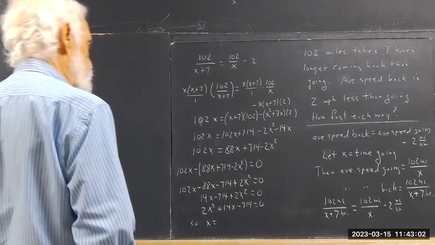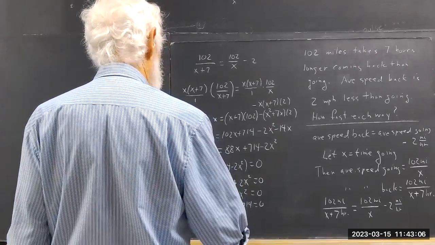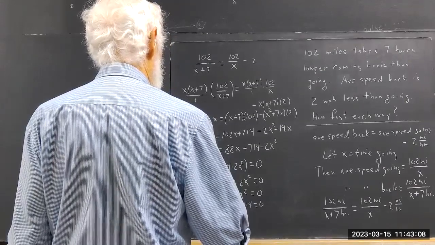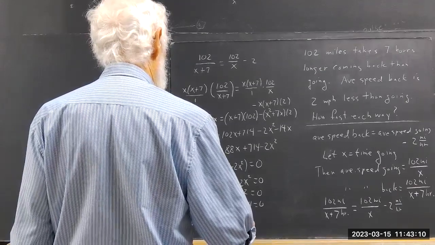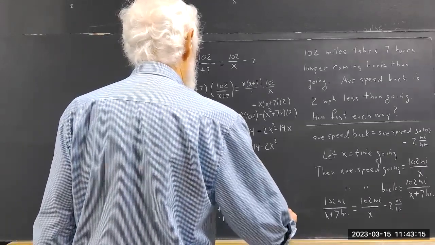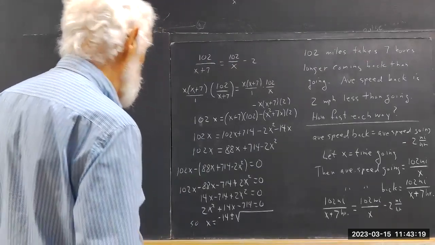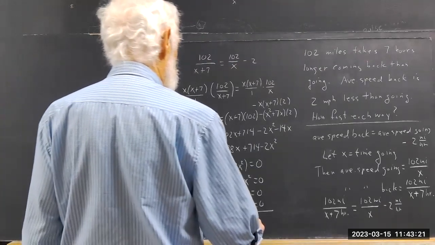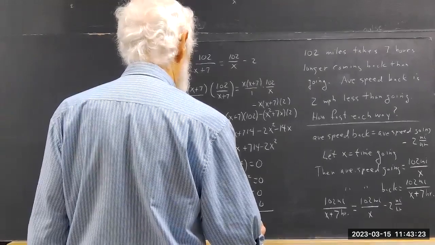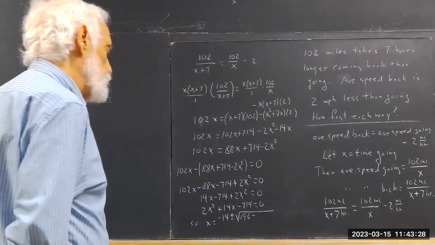So x is going to be negative 14 plus or minus the square root of b squared, which is 196, minus 4ac.